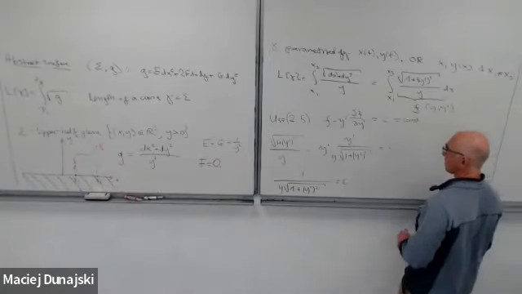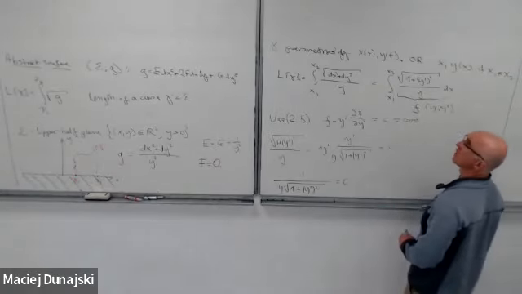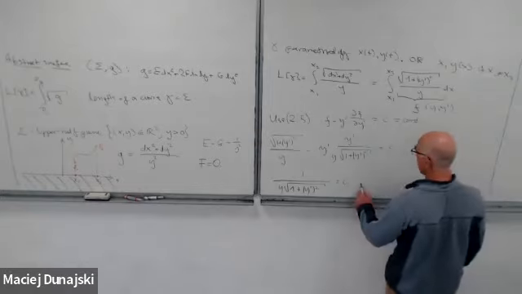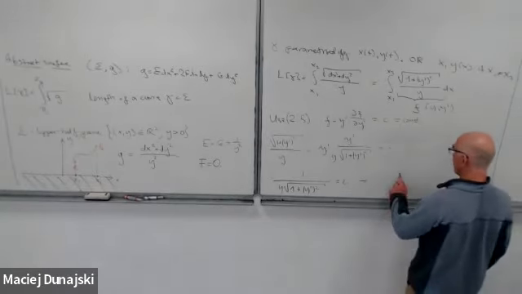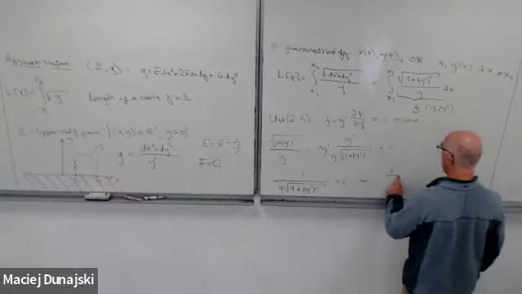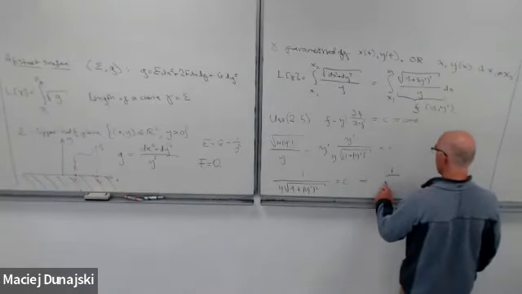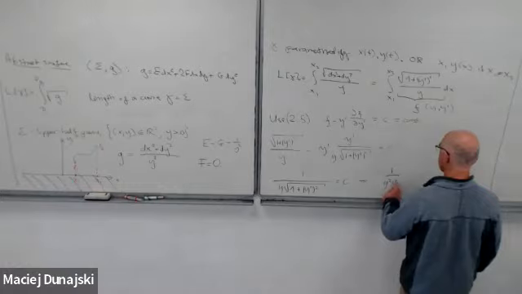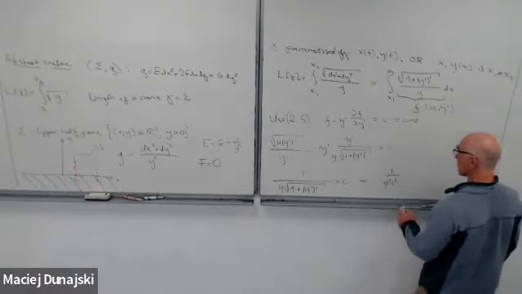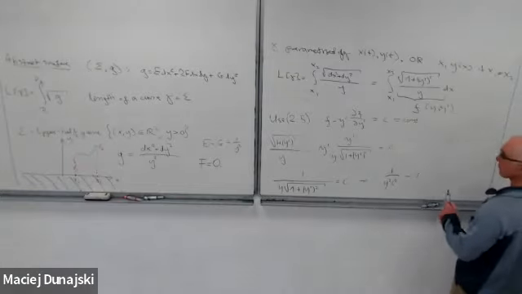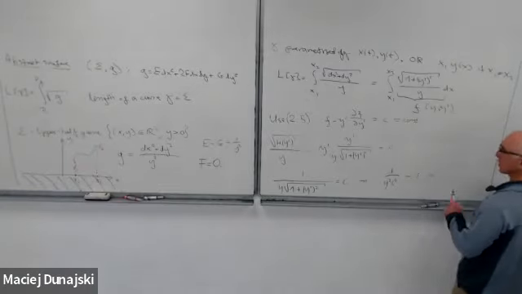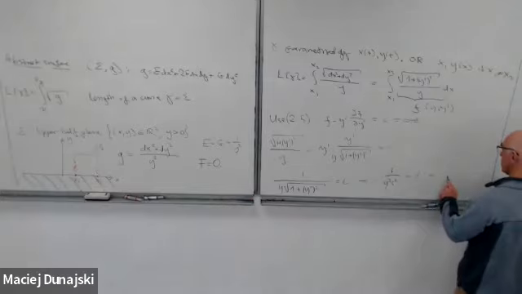Okay, so now I'm separating the variables, squaring. So my value is 1 over y squared c squared, minus 1, equals y prime squared.